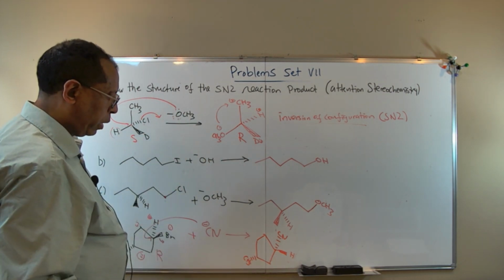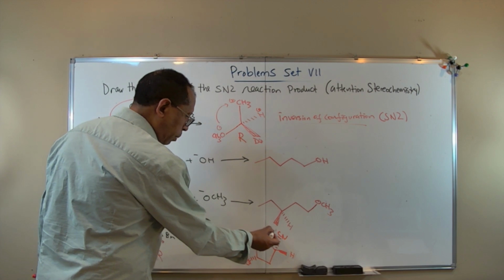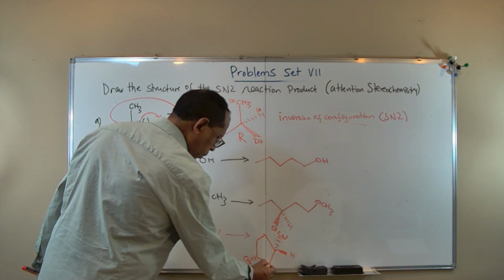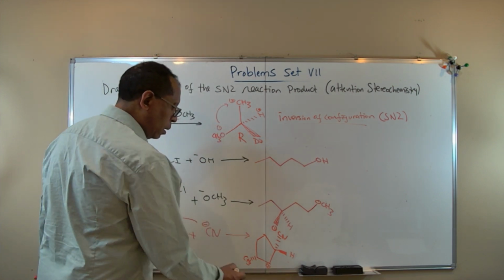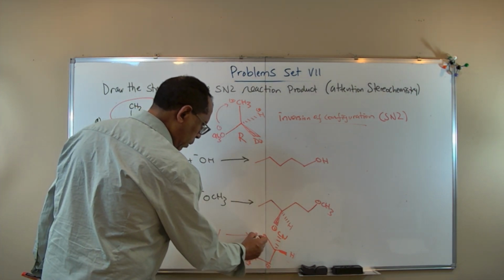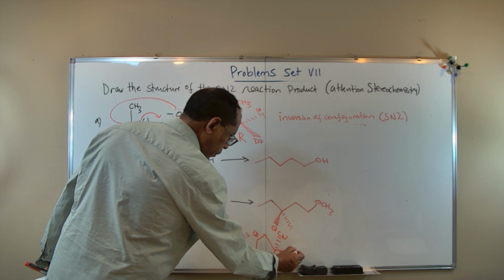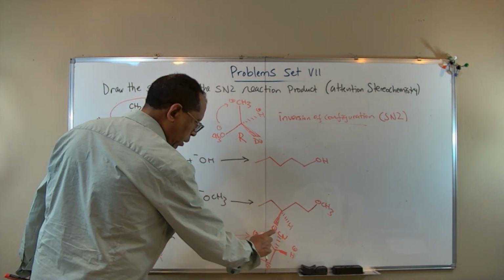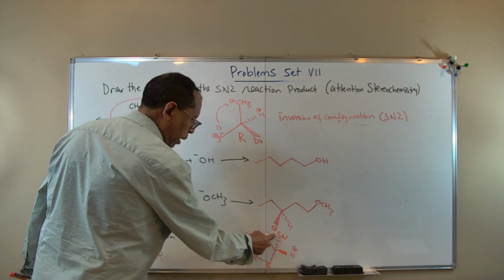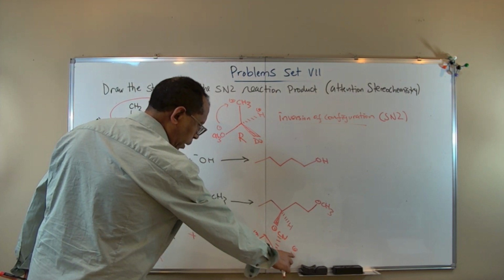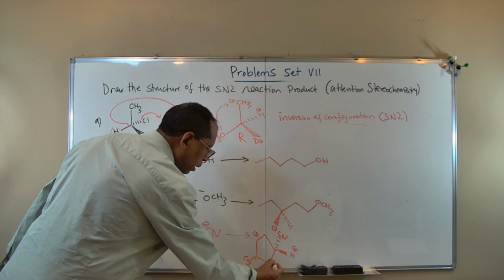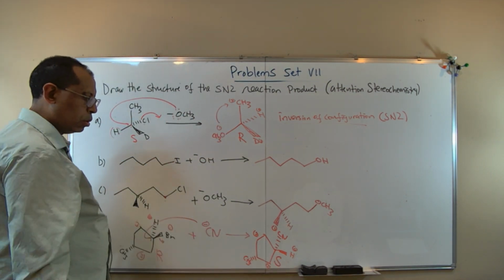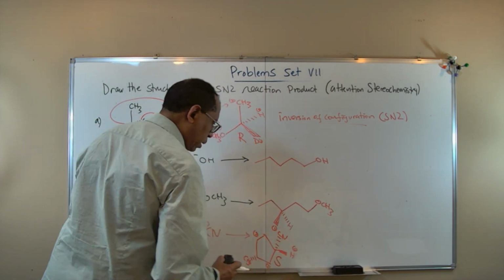Let's see what we have. This is priority 1. Priority 2 is this. Priority 3 is this. Priority 4 is this. So if you just switch CN with this and hydrogen at the back, it would become R like that, but this is an S. So that is a substitution product with proper stereochemistry.